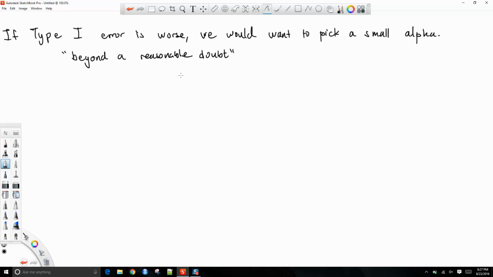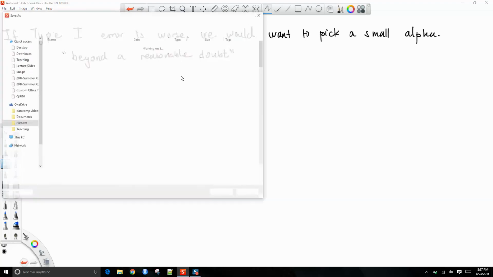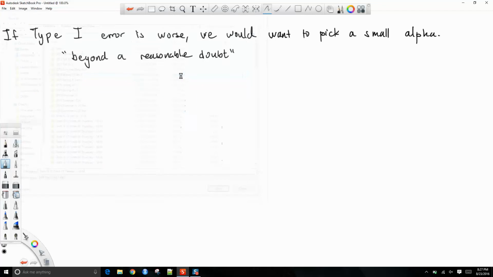But they don't say use alpha equal to 0, meaning you are absolutely certain. They don't say you want to be 100% certain. Because what would happen if we set alpha equal to 0?